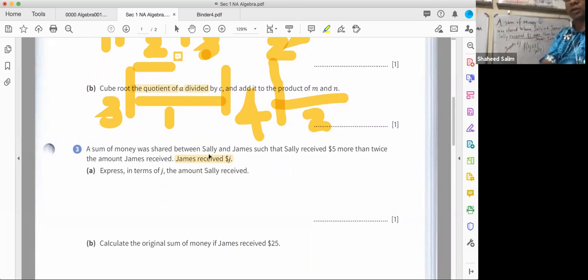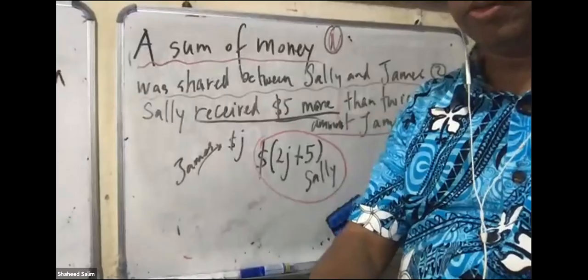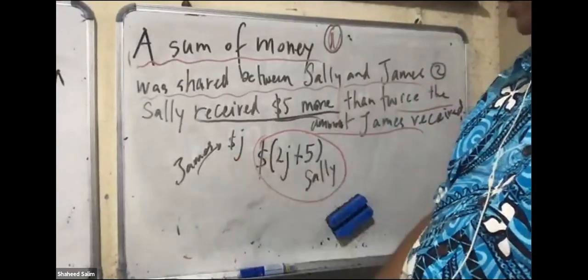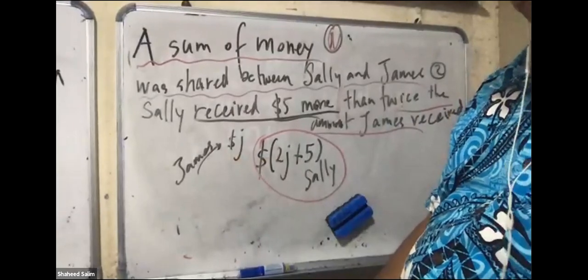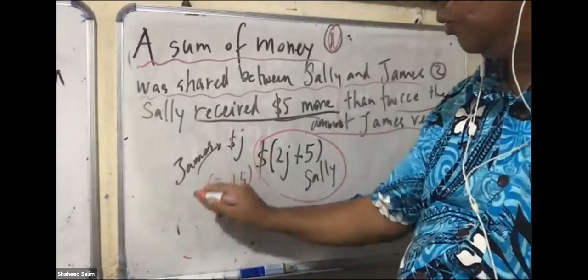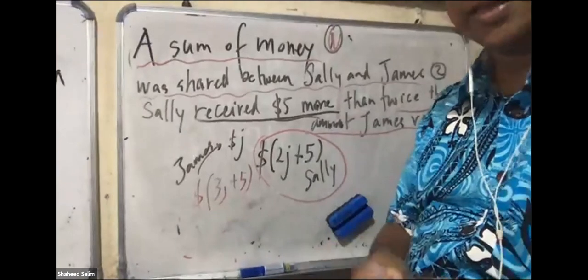How much is the total? 3J plus 5. Well done, that's it. It's that simple.